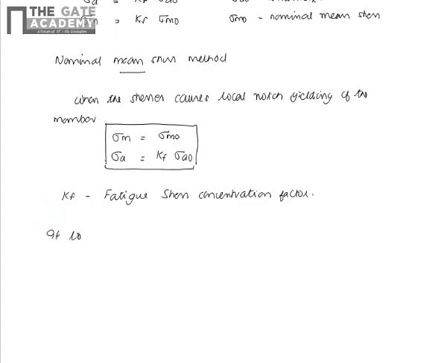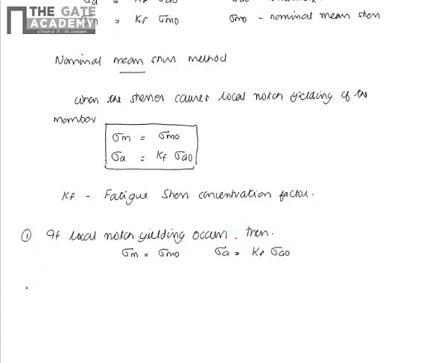If local notch yielding occurs, then sigma m equals sigma m0, and sigma a is equal to Kf into sigma a0.